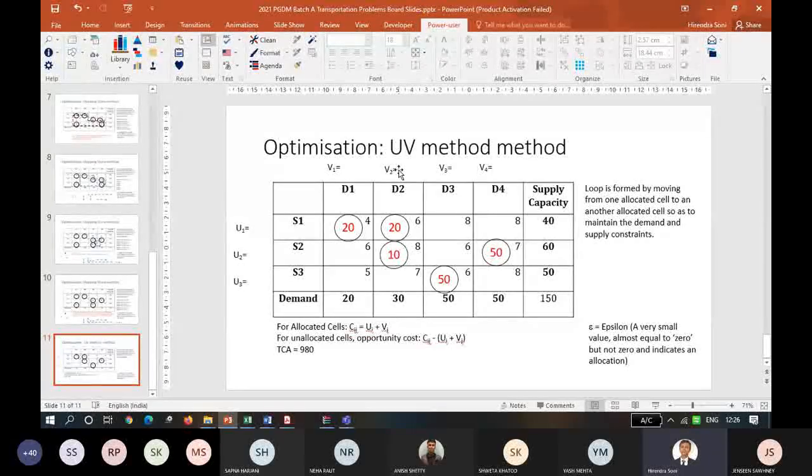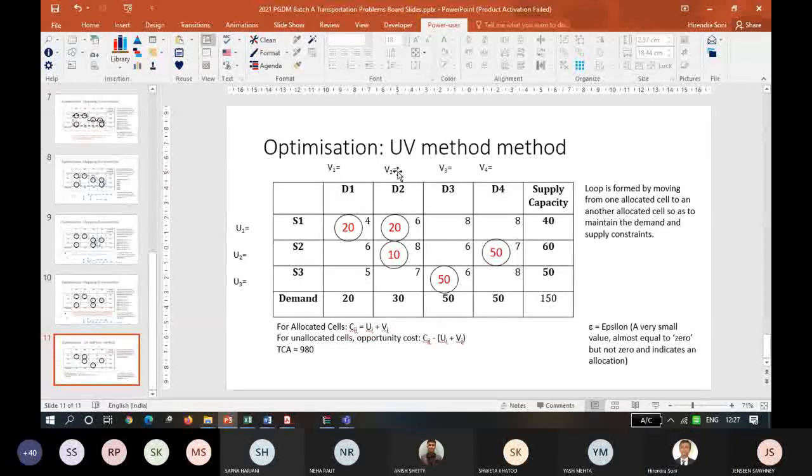Okay, are we clear up to this? Sir, can you repeat? Every cost, that is this cost Cij, is equal to Ui plus Vj. So C11 is equal to U1 plus V1. C12 is equal to U1 plus V2.